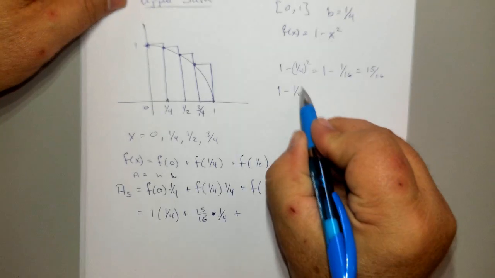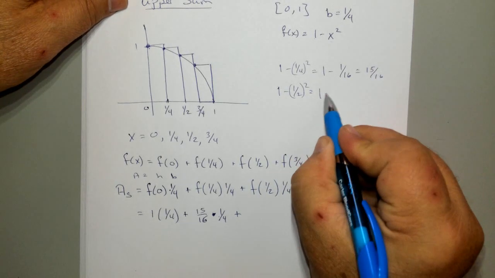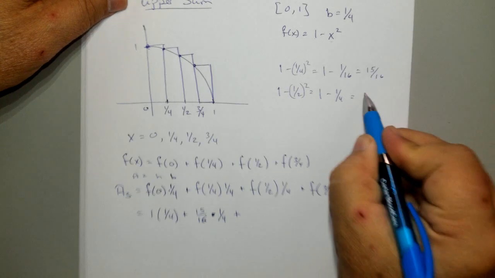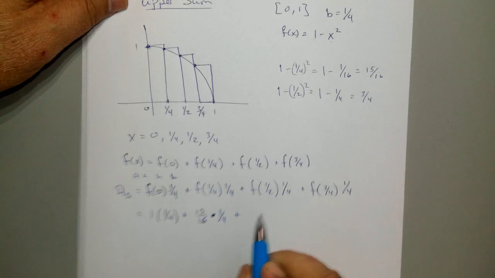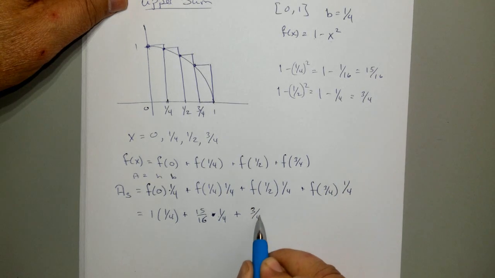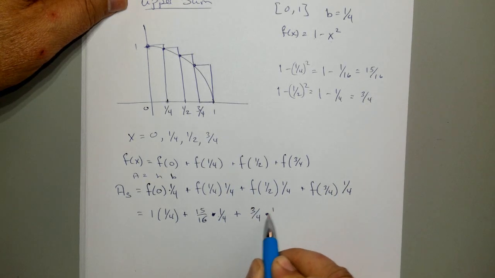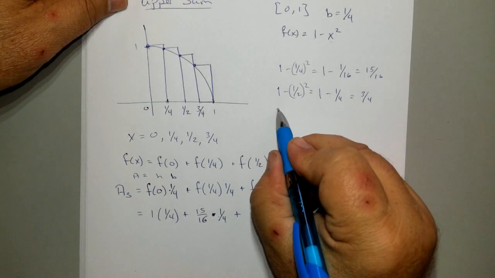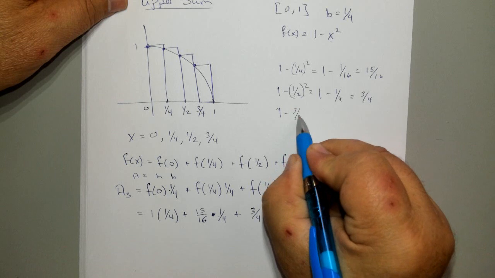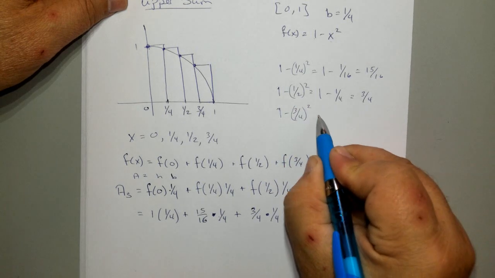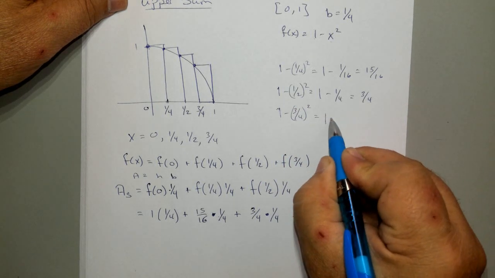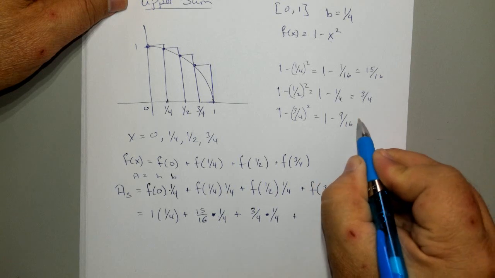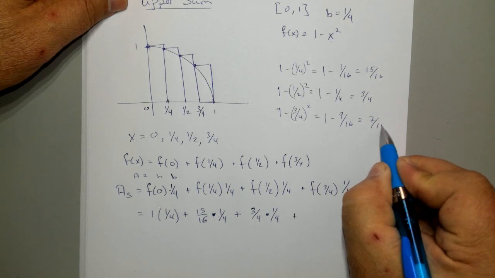One minus 1/2 squared, 1 minus 1/4, is it 3/4? One minus 3/4 squared, 1 minus 9/16, 7/16.